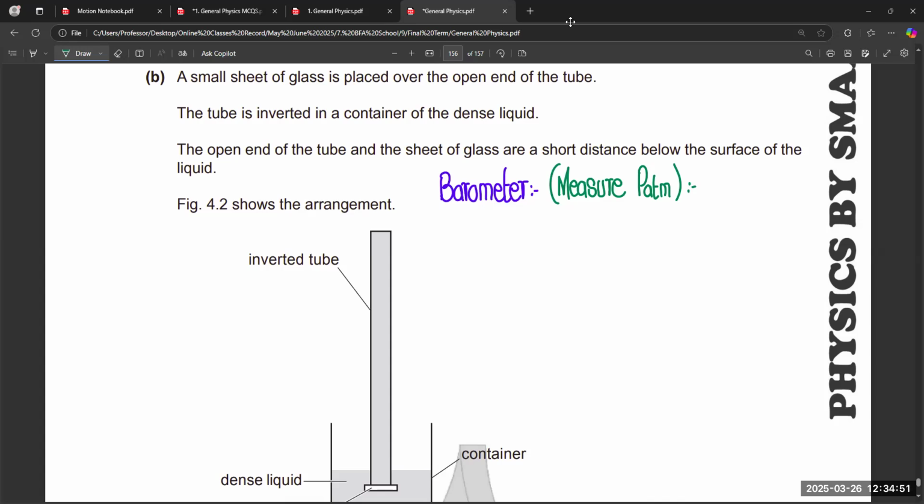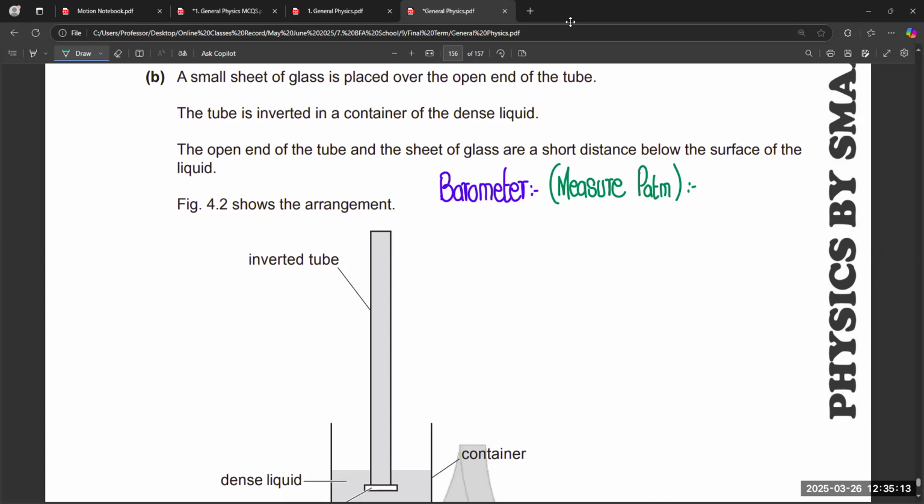And now the tube is inverted in a container of the dense liquid. So initially we have liquid in the tube, and when we place that tube in inverted form into the same type of liquid container, that will give you a different result.